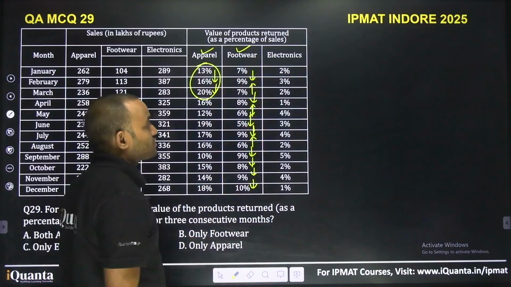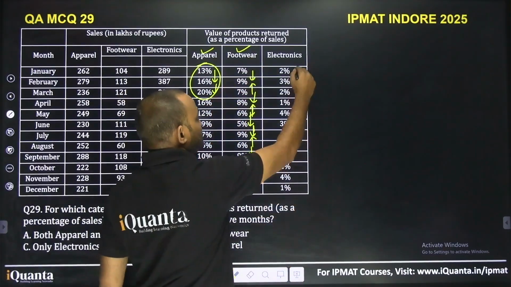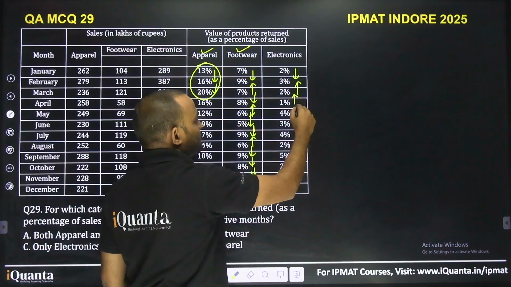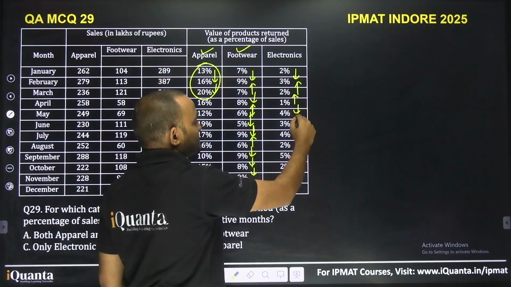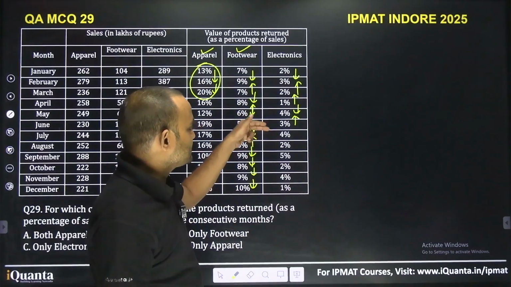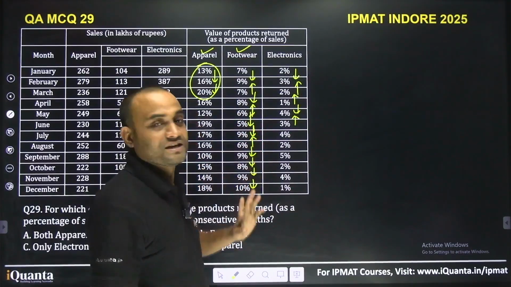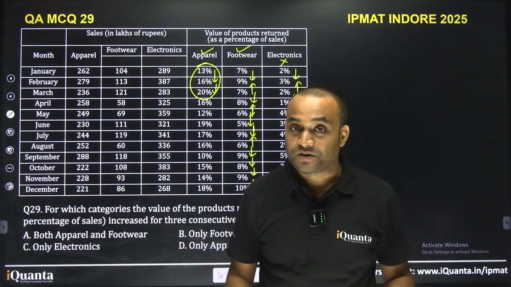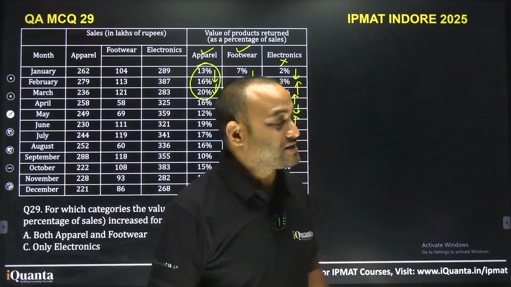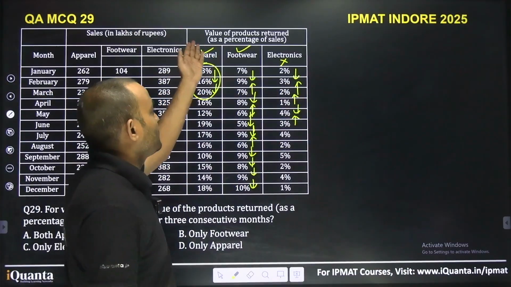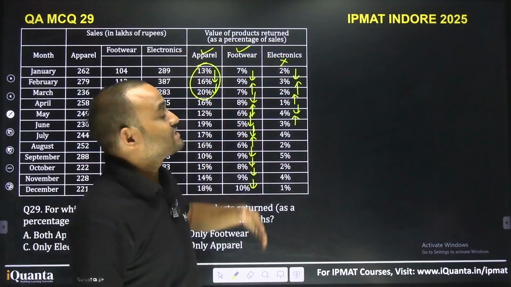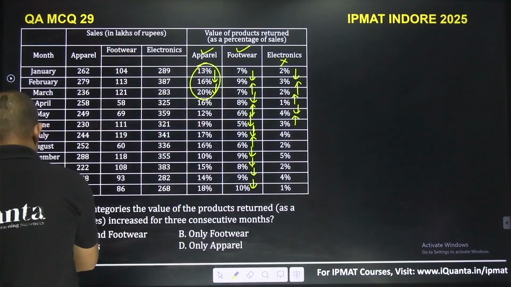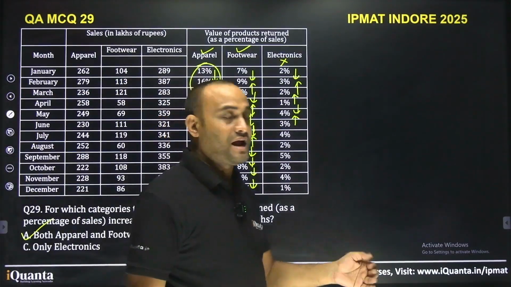Now in case of electronics, increase, then it will decrease, then again decrease, then increase, then decrease, then increase, decrease, increase, decrease. So in electronics this is not applicable, right? The value of products returned as a percentage of sales increases in apparel and footwear. So our answer is option A, both apparel and footwear.